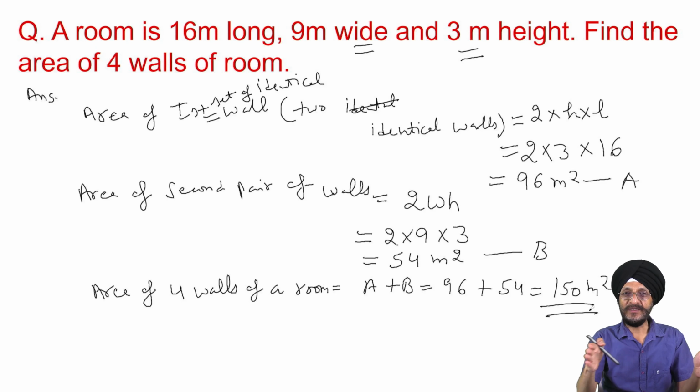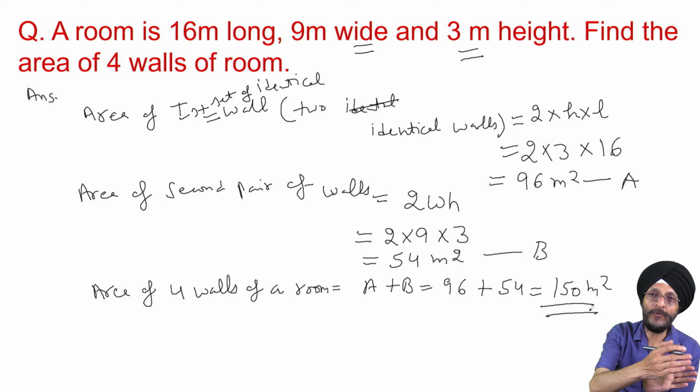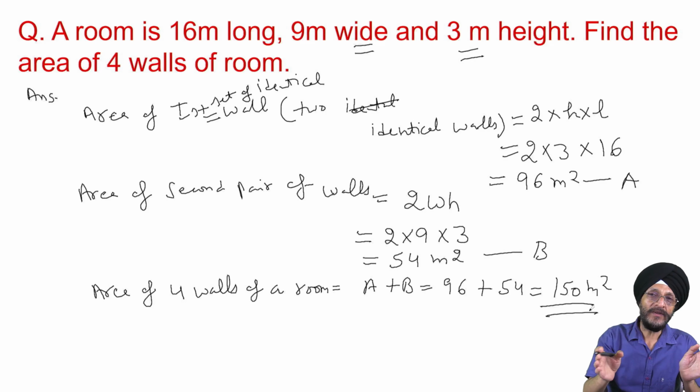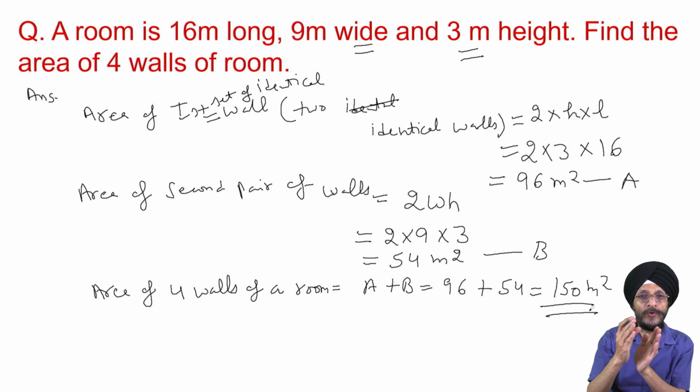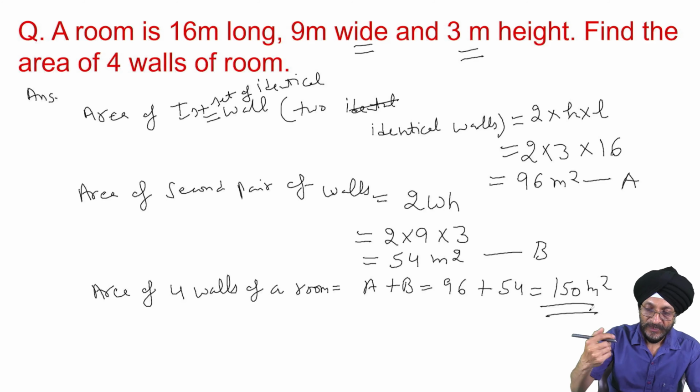Then the sideways walls can be calculated by 2 multiplied by width into height, and by adding the areas of these two pairs of walls you can finally arrive at the area of four walls of a rectangular room.